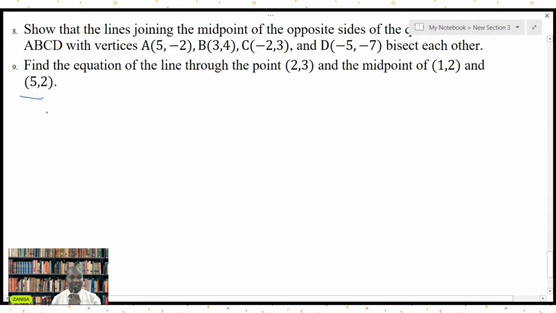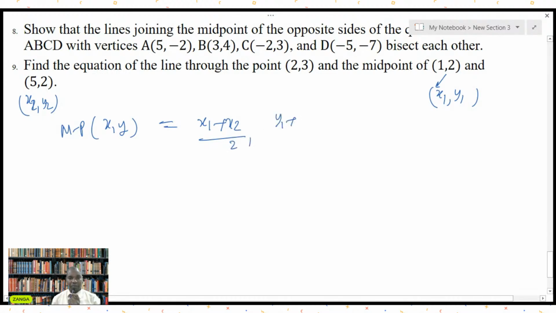So initially, we're going to assume that this is x2, y2, and this point here will be x1, y1. So for the midpoint (x, y), I'll be taking (x1 + x2) divided by 2, (y1 + y2) divided by 2.